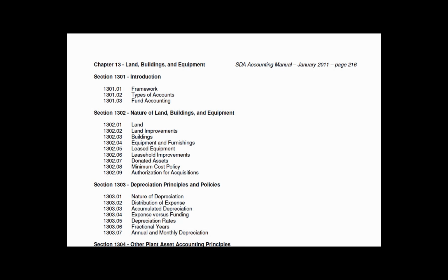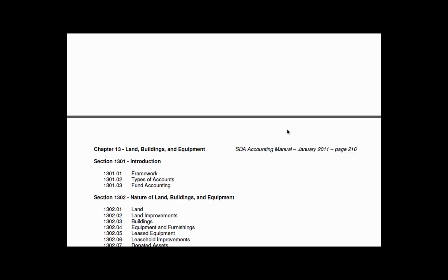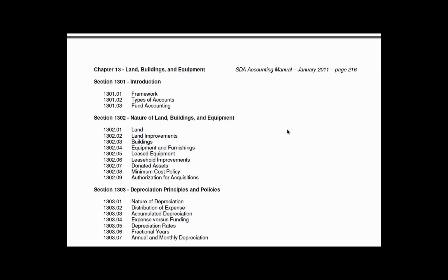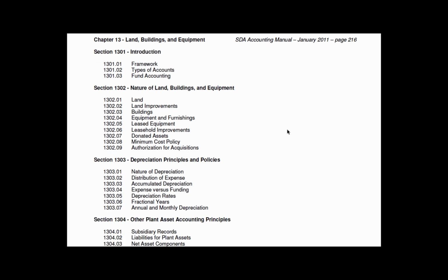Well, we're back in the accounting manual, working through some topics, maybe not trying to cover every one of them, but just the ones that seem to catch my interest, or where people are a little bit confused or wrestling. This one's not too big of a topic, but it's just a little bit of fun things for us to cover.